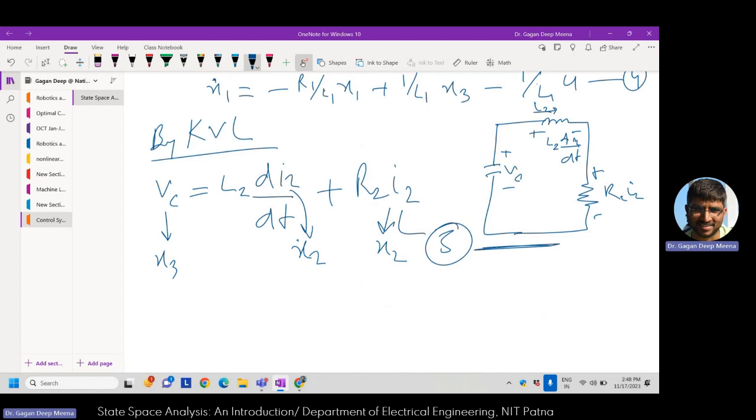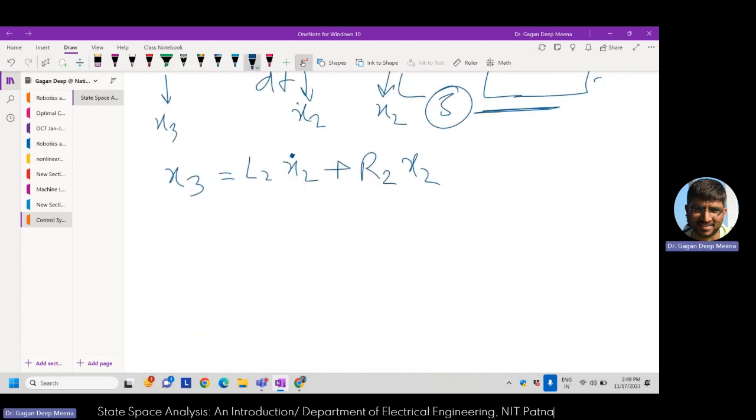So I can rewrite the whole equation as x3 equals L2 x2 dot plus R2 x2, and I can further write it nicely as x2 dot equals minus R2 by L2 x2, plus 1 by L2 x3.